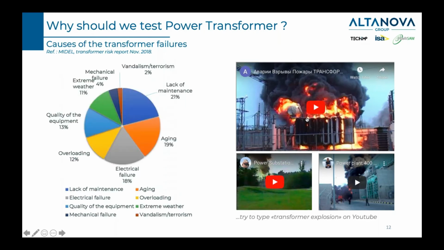So in answering the question, why does our transformer fail, we see that the lack of maintenance is actually the biggest cause. Apart from that, we have aging, electrical failure, overloading, quality of equipment, extreme weather, mechanical failure, etc. But let's say that lack of maintenance and aging, which accounts for about 40%, can easily be covered by maintenance.